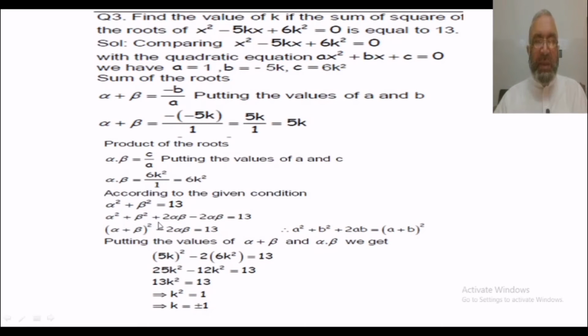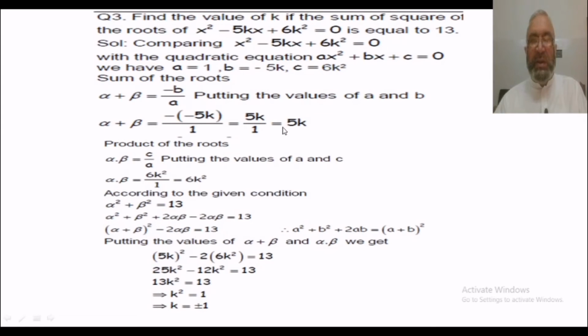If we are adding some term plus 2 alpha beta, we subtract that term minus 2 alpha beta, so they will cancel and we get the same alpha square plus beta square. So using this result to make the complete square from the first three terms, combining the first three terms, alpha square plus beta square plus 2 alpha beta becomes alpha plus beta whole square minus 2 alpha beta is equal to 13.